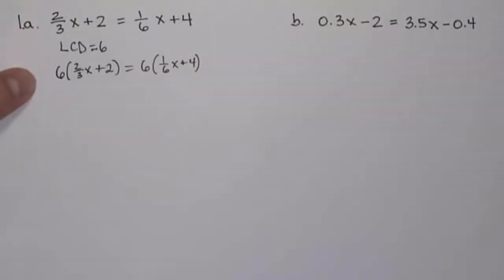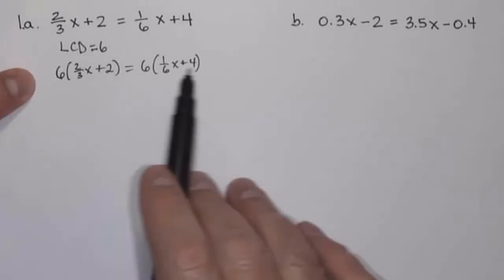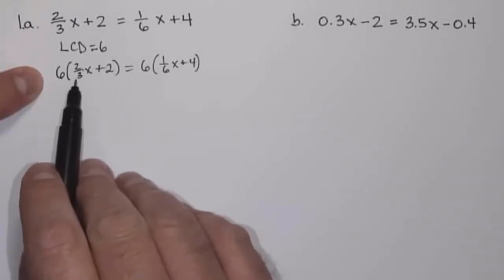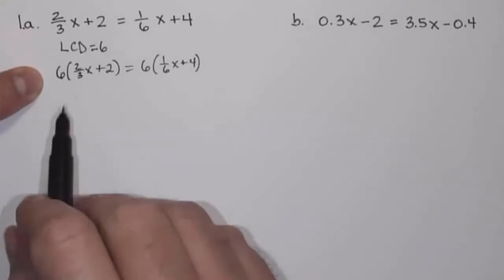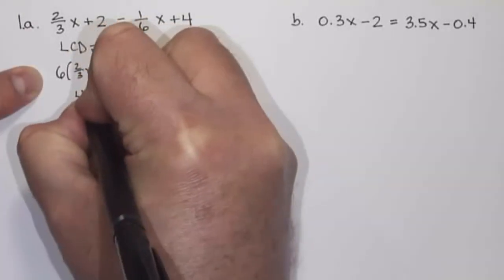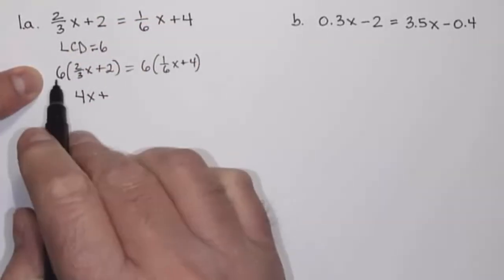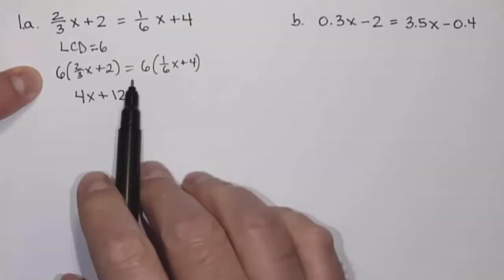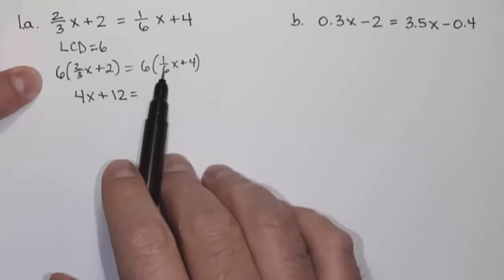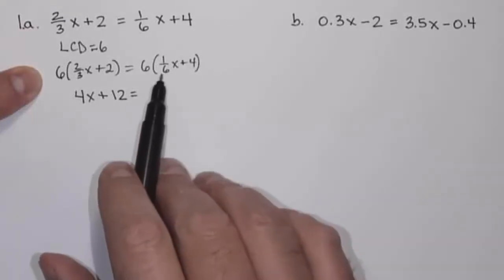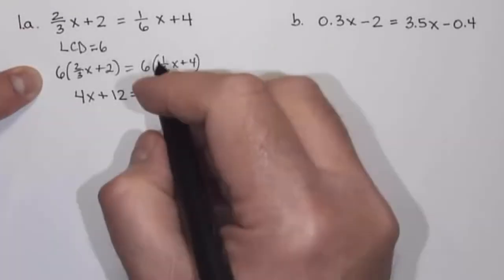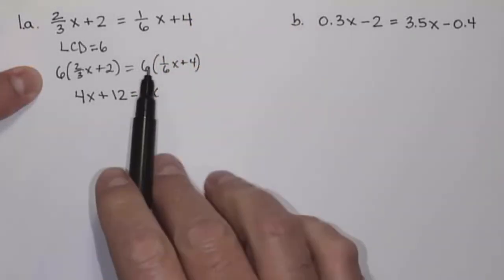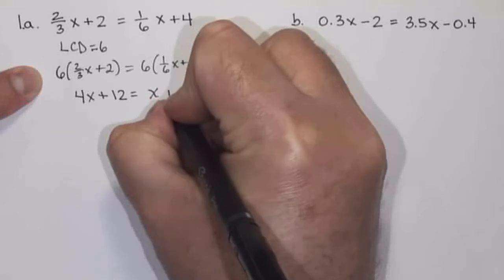Then we have to distribute the 6 on both sides. 6 times 2/3 is 4, so 6 times 2/3 x is going to be 4x, plus 6 times 2 is 12. That's going to equal 6 times 1/6 x. Well, 6 times 1/6 is 1, so 6 times 1/6 x is just 1x, or x, and 6 times 4 is 24.